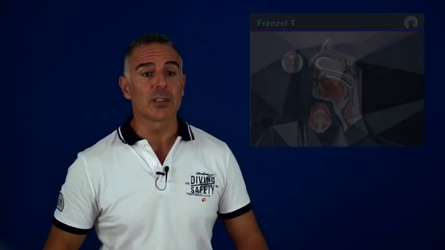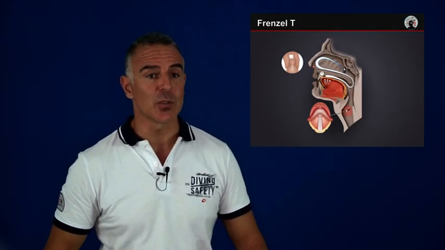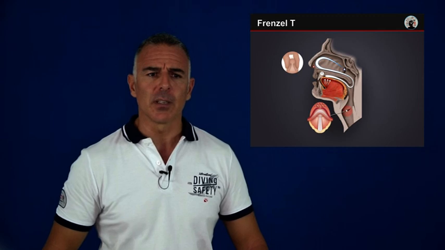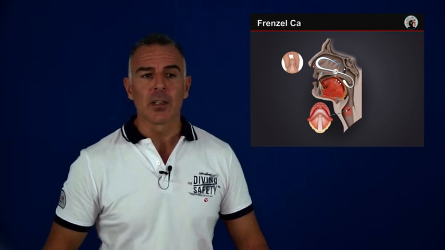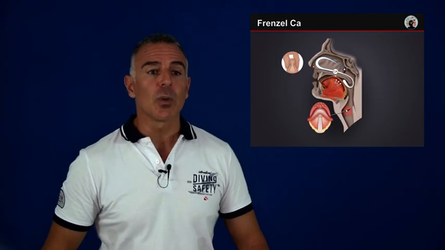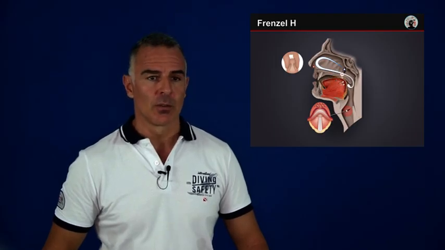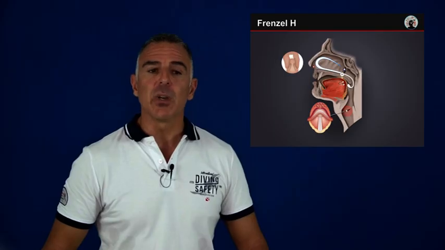Can be performed with the tongue in what we call T position, can be performed with the tongue in K position, and can be performed with the tongue in what we call H position. In other videos, I will explain better the difference between T, K, and H, and why the name of these different locks.